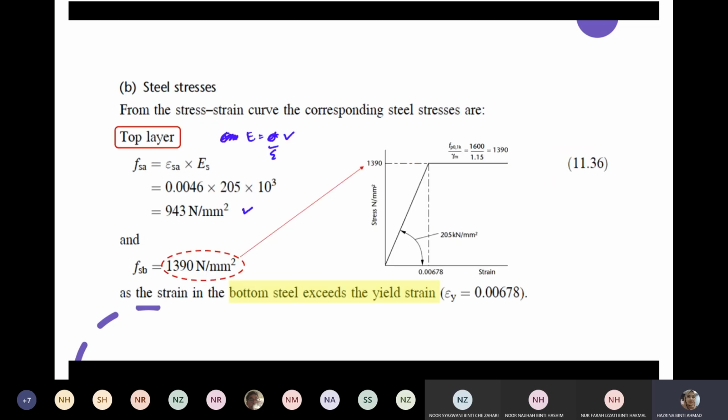Therefore, the value of the stress is limited to 1390. It should not exceed this point. So for the bottom layer, we just use this value directly, which is 1390 Newton per millimeter square, as the strain in the bottom still exceeds the yield strain, as we have discussed just now.